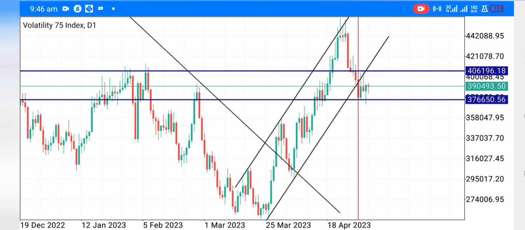Based on the top-down analysis of my personal strategy, the strategy that I developed and use for Volatility 75 index. As you all know, so many people are running from Volatility 75 index because it's so volatile.